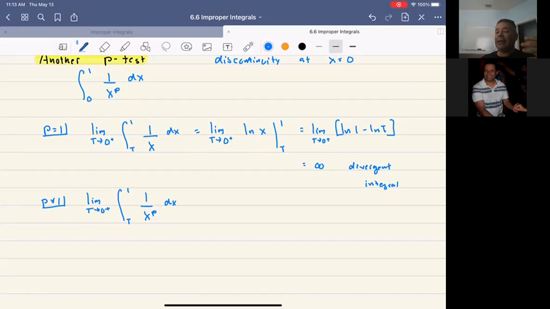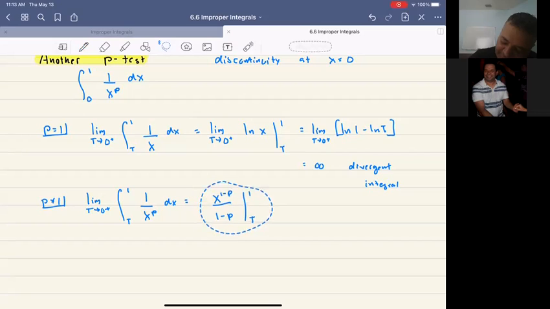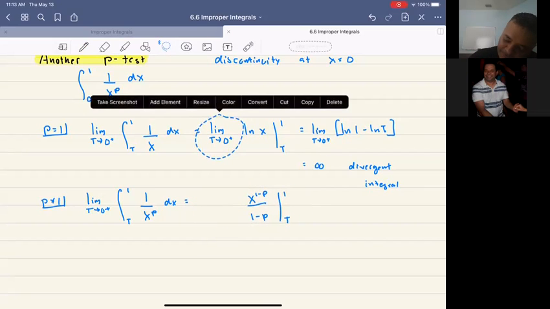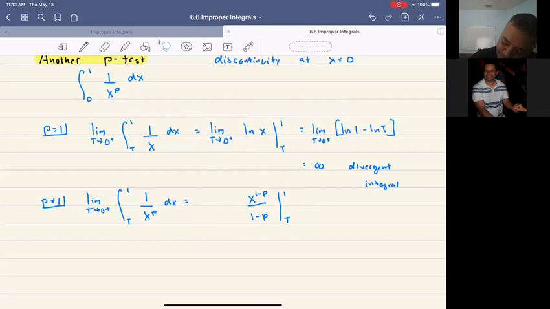Okay, so now again, p is not equal to 1, so we can take the antiderivative without the natural log. So that's going to be, again, negative p, so it's going to be x to the 1 minus p over 1 minus p, from t to 1. Again, I forgot the limit. You can see how easy it is to forget to write it.